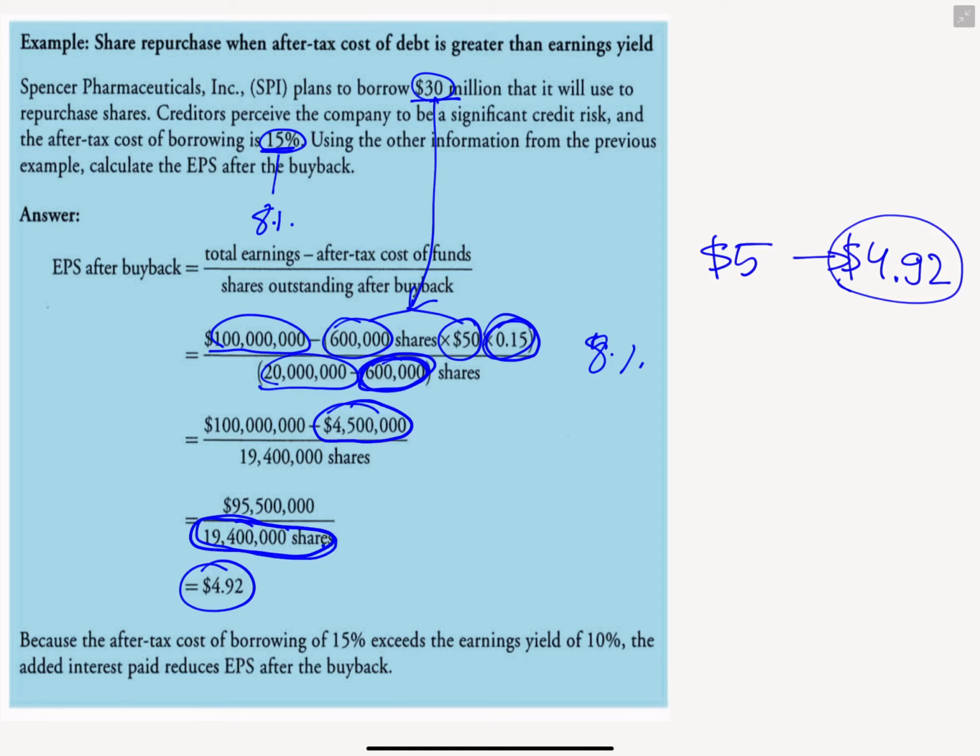They remain with more debt because earning yield is 10%, but you have 15% of debt. It is higher than the earning yield, so it will be a burden to the people who remain with the company.